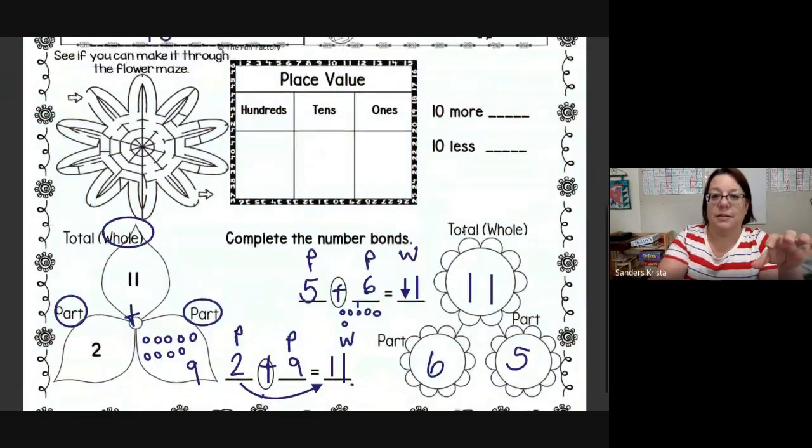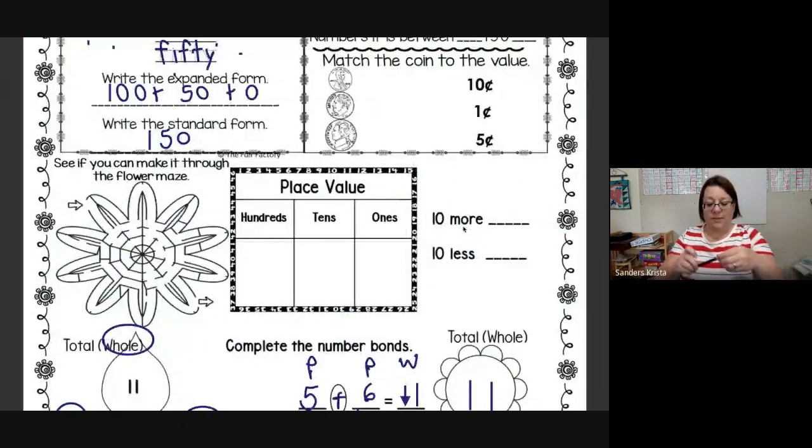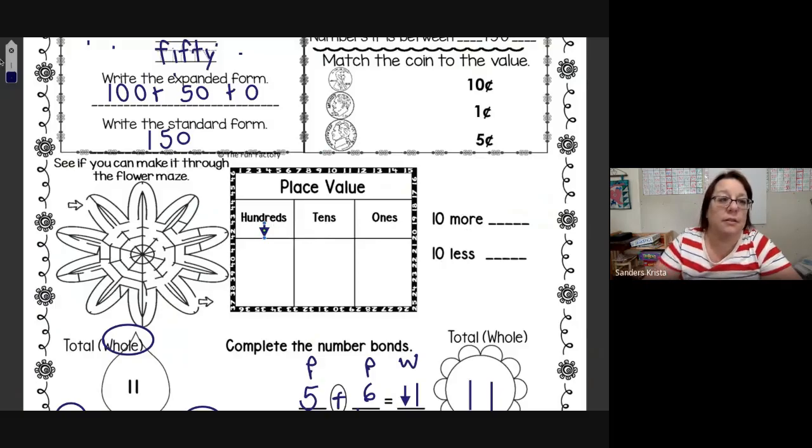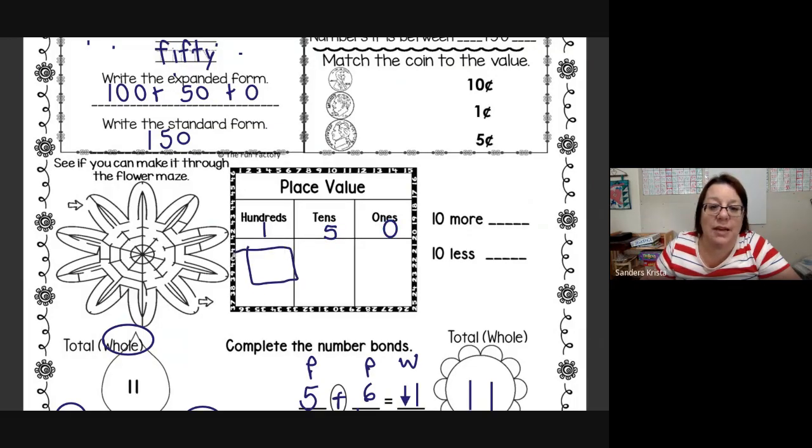And now we're going to go up to our place value. We're going to draw what that looks like if our number is 150. I have 5 tens and 0 ones. So if I'm going to draw what that looks like, that means I have one group of 100.